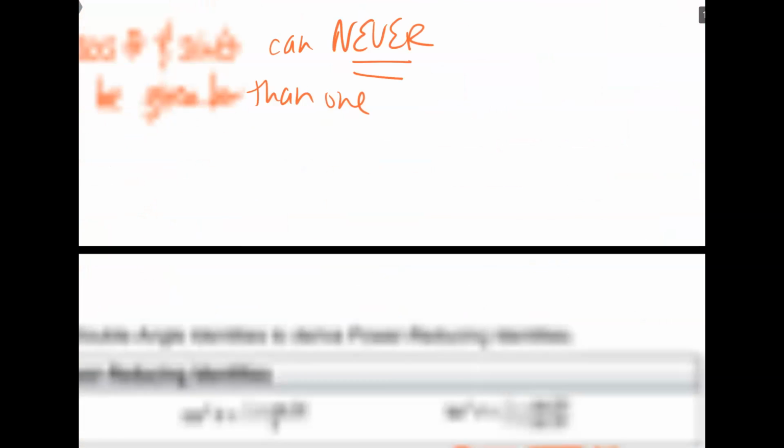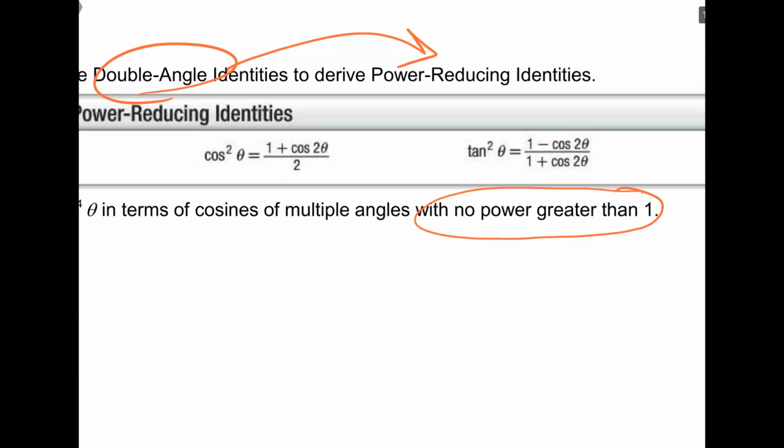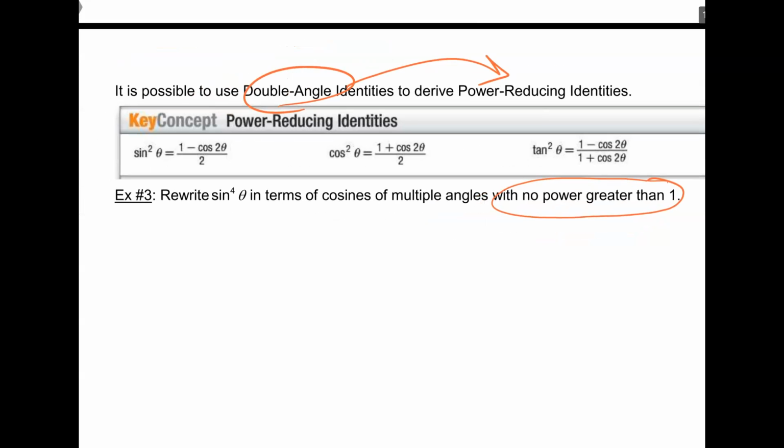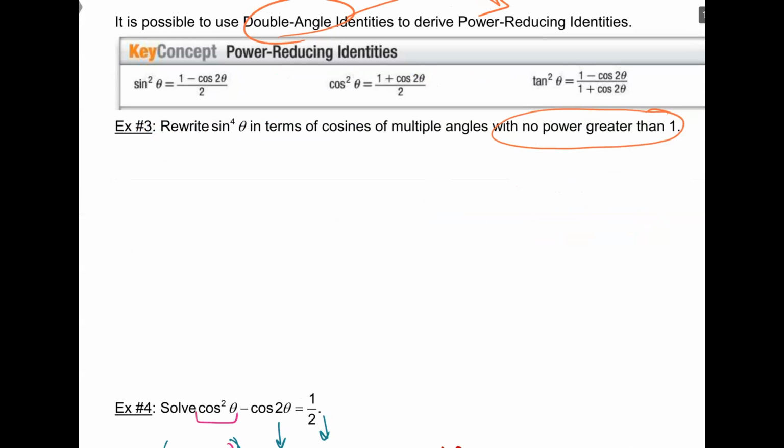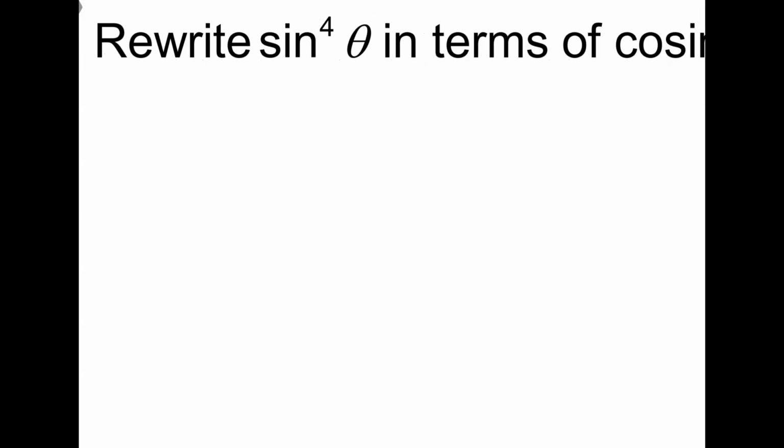You can rearrange the double angle identities and you can get the power reducing identities. Similarly, you can do tangent that way as well. Okay, so how do we actually do this? Rewrite sine to the 4th theta in terms of cosines of multiple angles with no power greater than 1. Okay, little review for a sec.